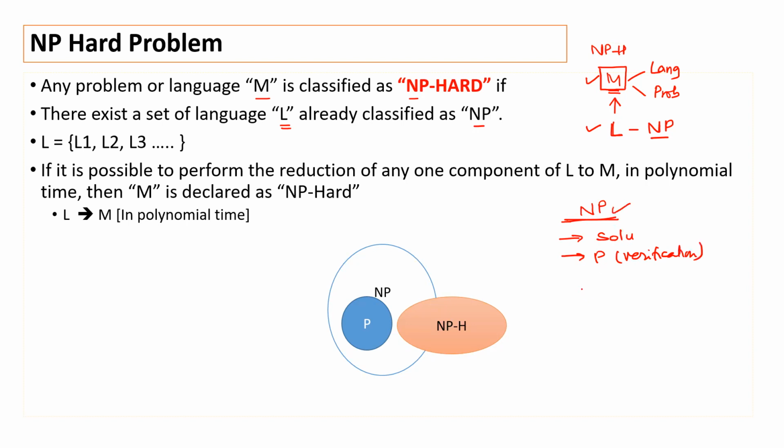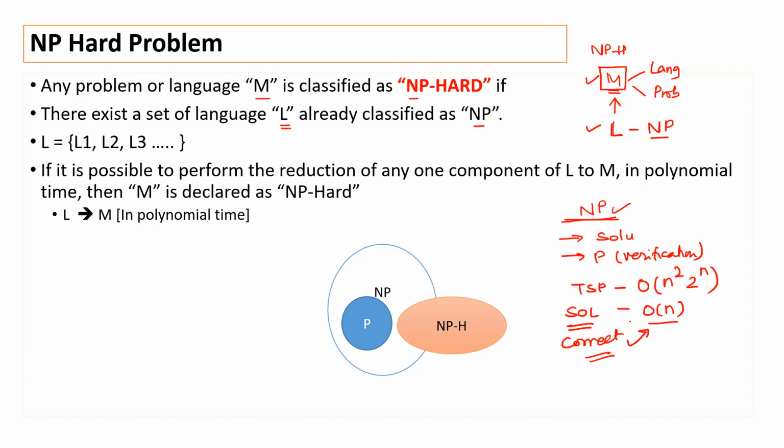For example, in the traveling salesman's problem, finding the solution takes very large time, but verifying it is always in the order of n. That is, once you have generated the solution, if you want to check whether your solution is correct or not, this verification can be done in order of n time.